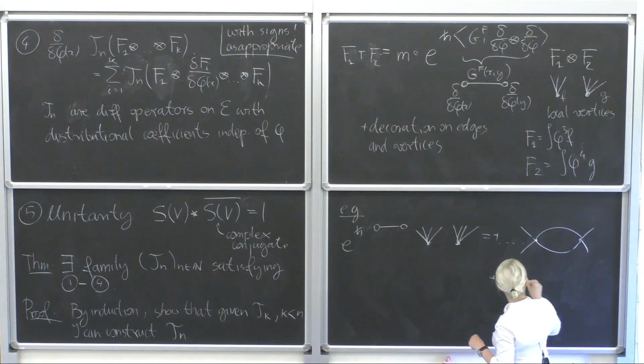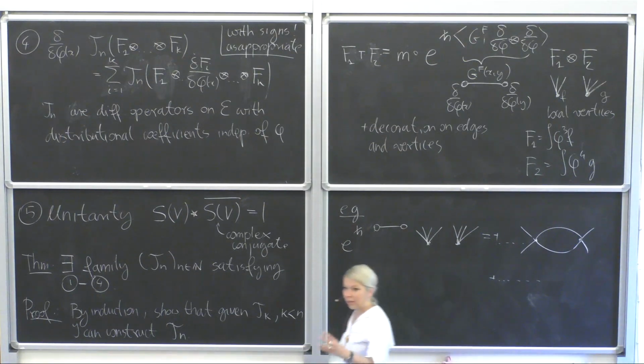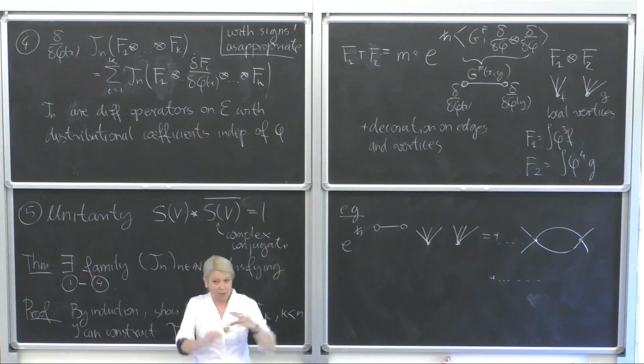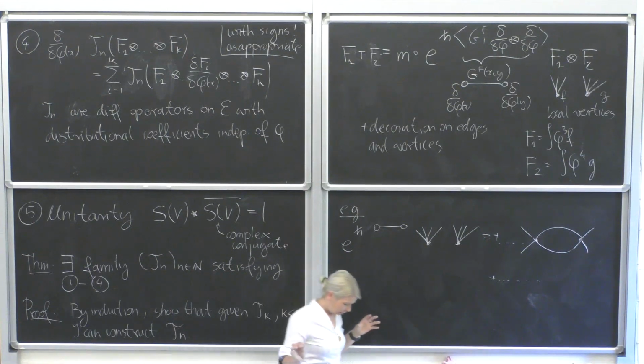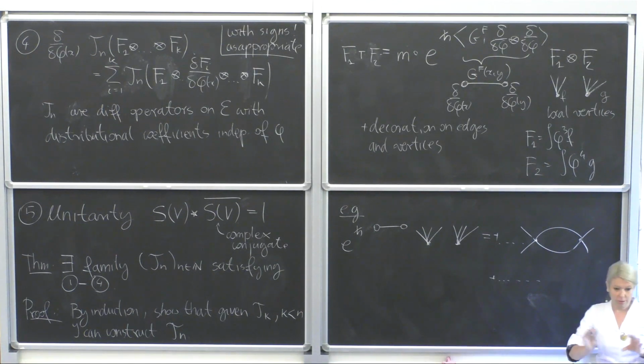So there's going to be a lot more. If you want, you can try to actually work it out on your own. The fact that you have the exponential actually takes care of the combinatorial factors that you would normally put on Feynman amplitudes.